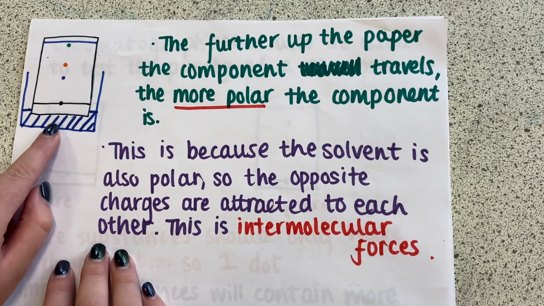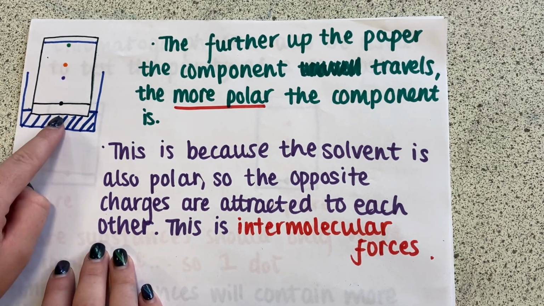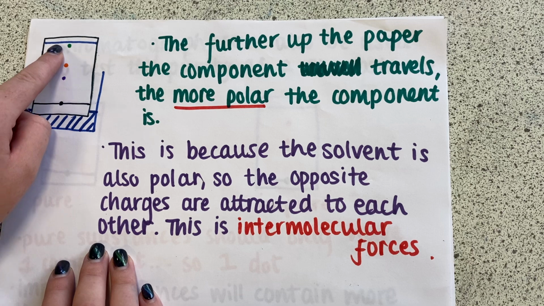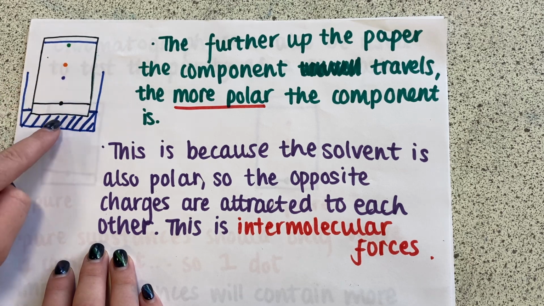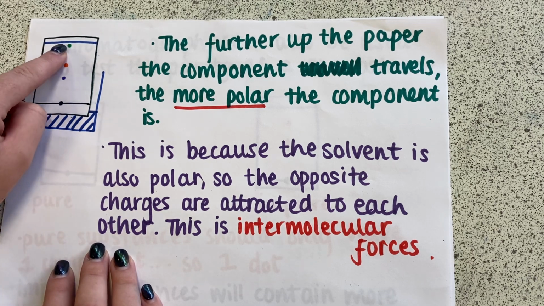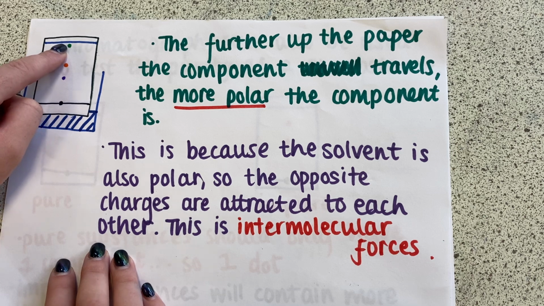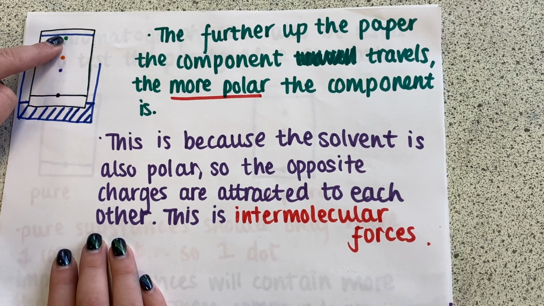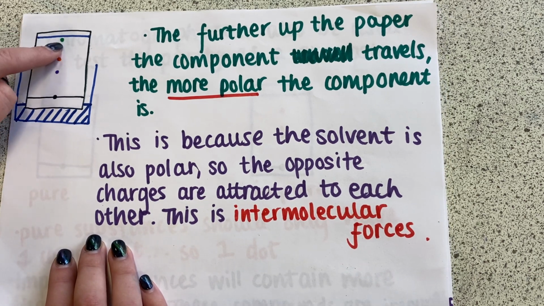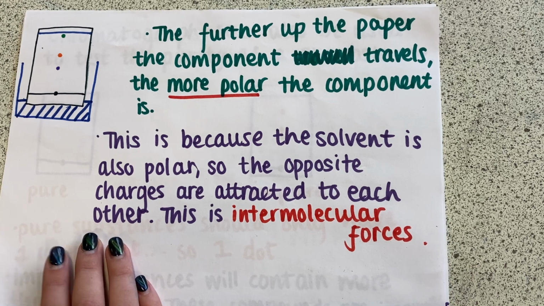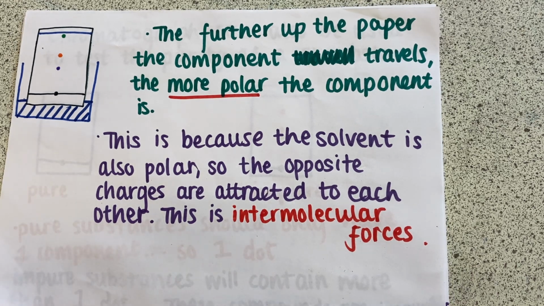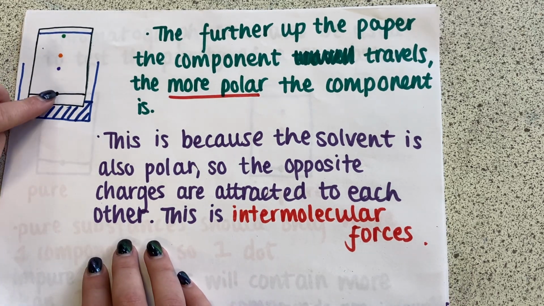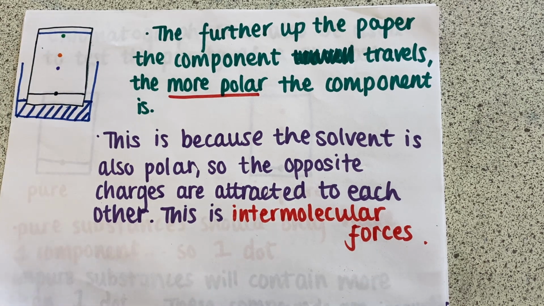We've got our polar solvent travelling up, stopping up here at this line, which means this one up the top is really polar. It's going to have a lot of differences in electronegativity, and a lot of oxygen groups. It travels up further because the solvent is polar.